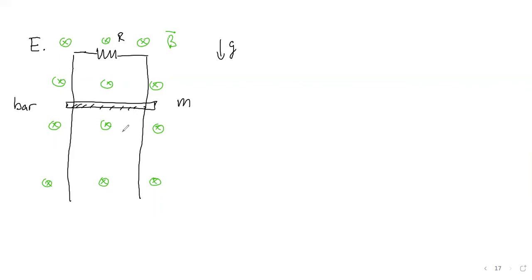But the faster it falls, let's say you also have the size of this, L. The faster the bar falls down, the stronger EMF you produce. Remember, your EMF is the magnetic field, the size of the bar, and the velocity. The only problem is that your velocity may change this time because it's a free fall.